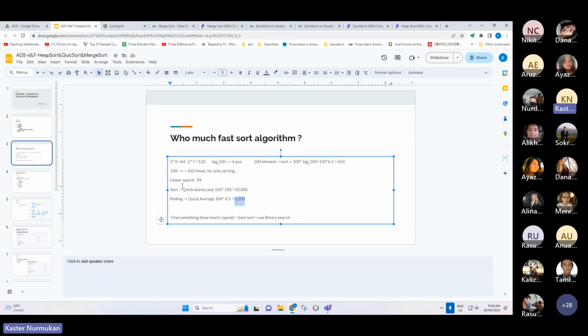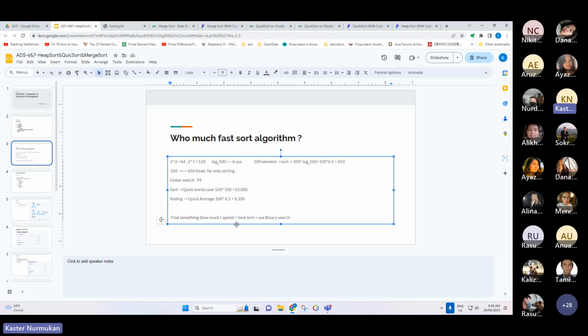Which one is better in that case? It is the average case of n log n time. Did you understand? I'm trying to formalize the problem, right?